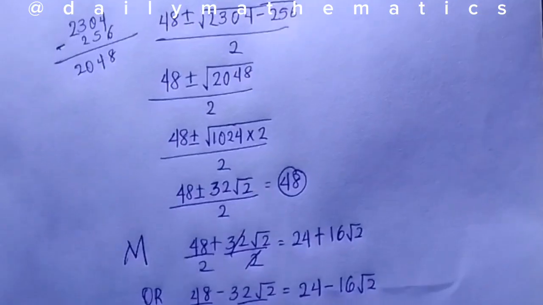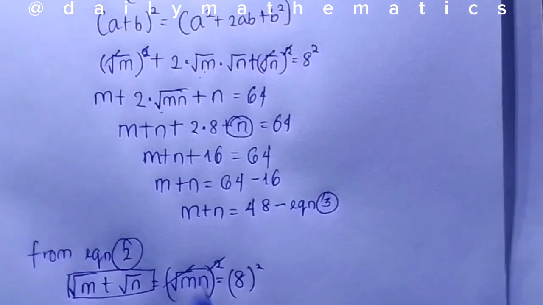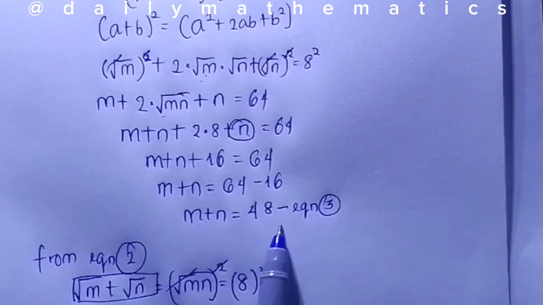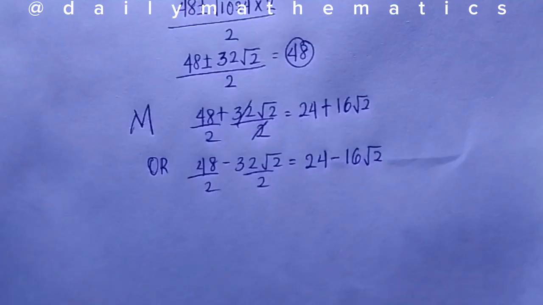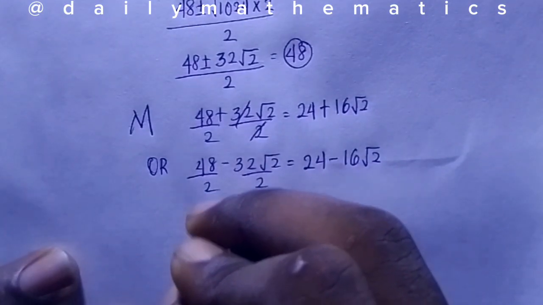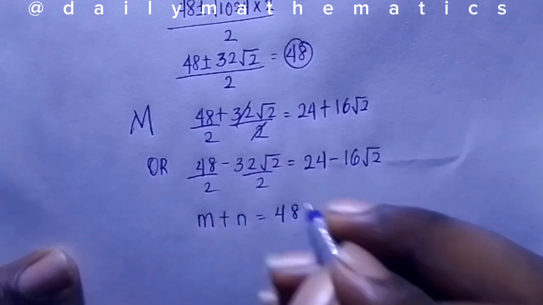So how do we now find n? From the last equation we had, equation 3, m plus n equals 48. So we'll use that equation here.